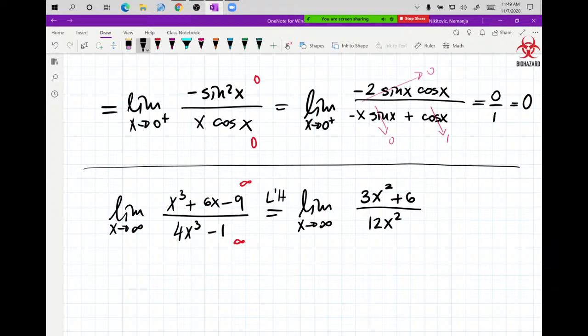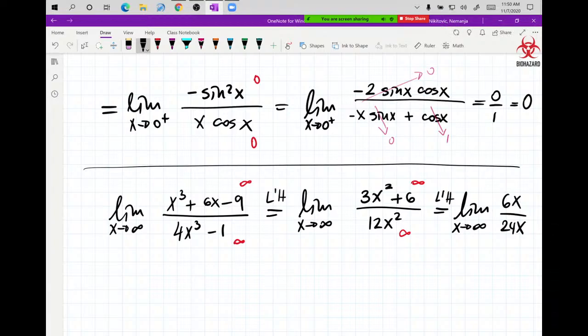Now you check it again, and you still have infinity over infinity. Okay, we can use L'Hopital again. We learned that we can do it multiple times. As long as you have 0 over 0 or infinity over infinity, just go for it. So this is going to be 6x divided by 24x.